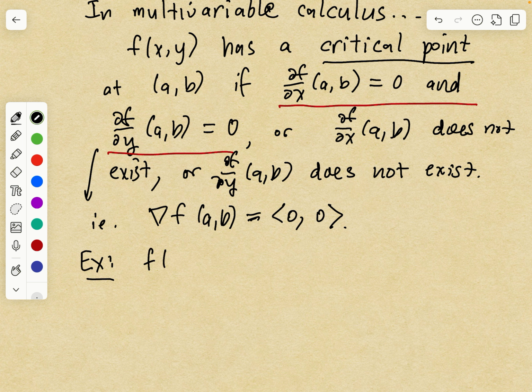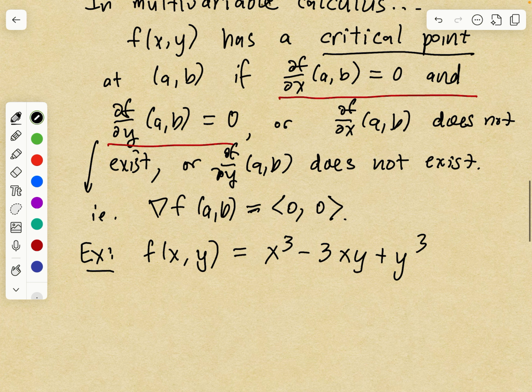So for instance, let's say that you have f(x, y) = x³ − 3xy + y³. Okay. What are the critical points of this function? Well, we need to find the partial derivatives and see when they are 0.